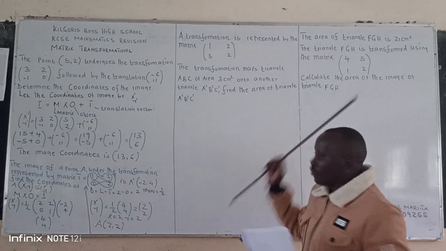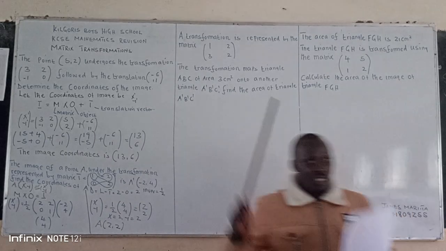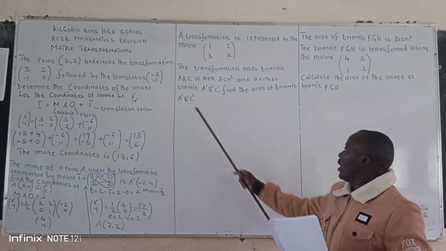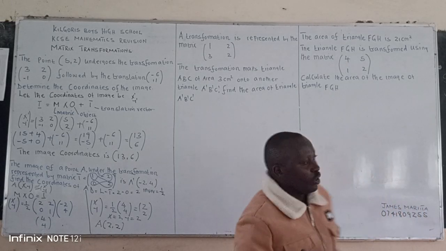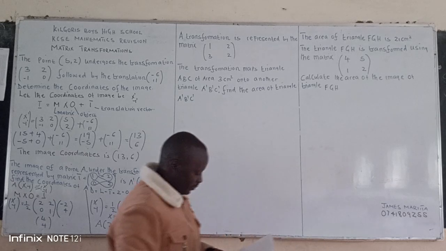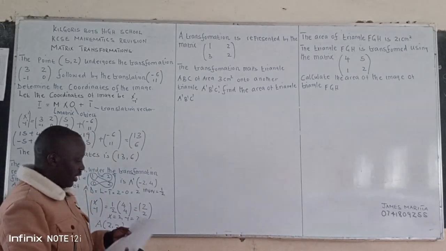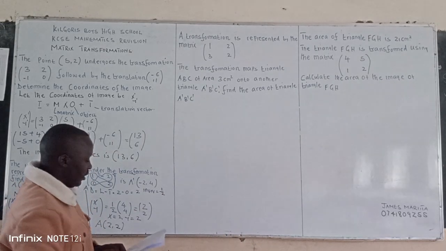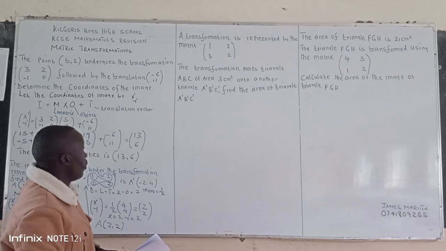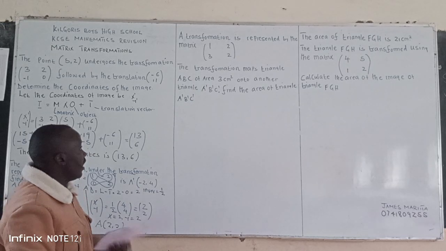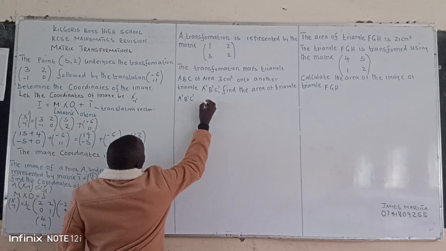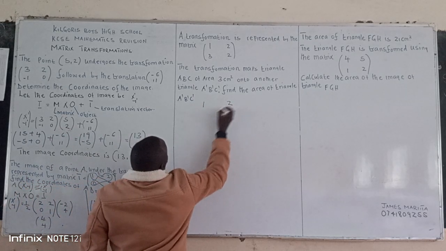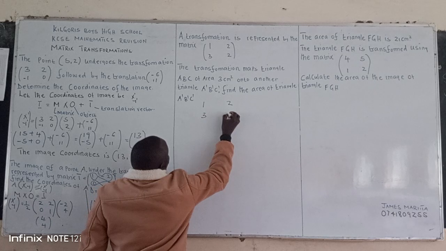So we are supposed to find the area of the triangle A image, B image, C image. The first step of solving this kind of problem is by getting the determinant. So we have 1, 2, 3, 2.